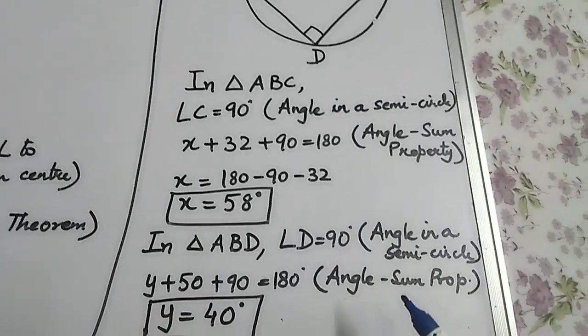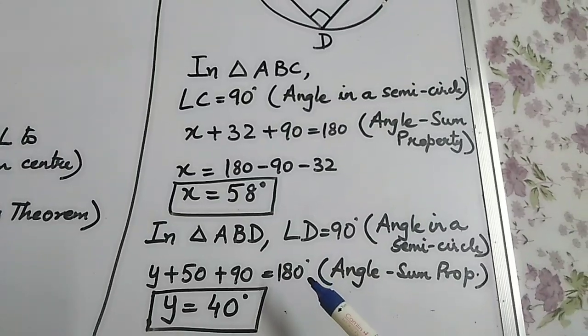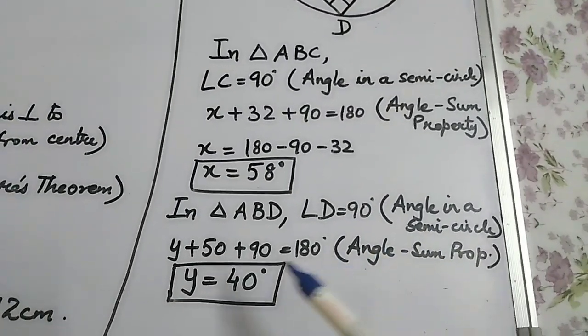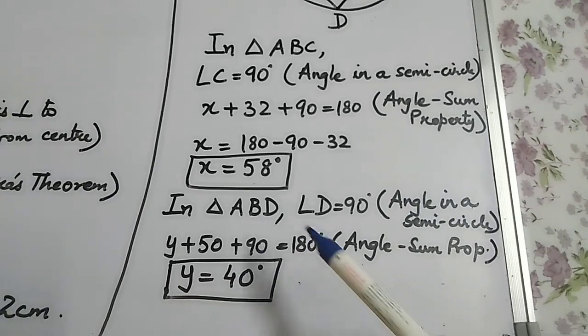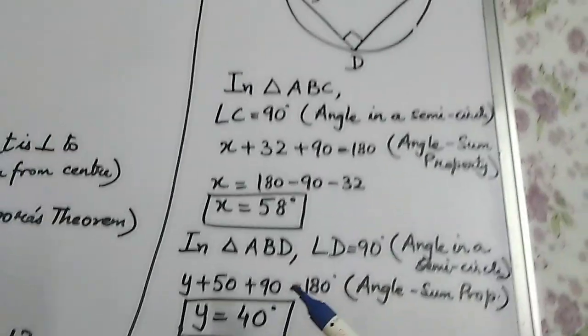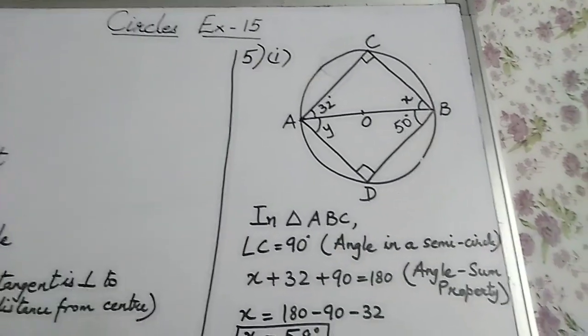Again, another reason has to be mentioned: why are you taking this as 90, and why are you taking this as 180? If the reason is not there, you lose marks. So y is equal to 180 minus 90, which is 90, and 90 minus 50 is 40 degrees. I hope these two questions are clear. Next video, I'll be taking another question.